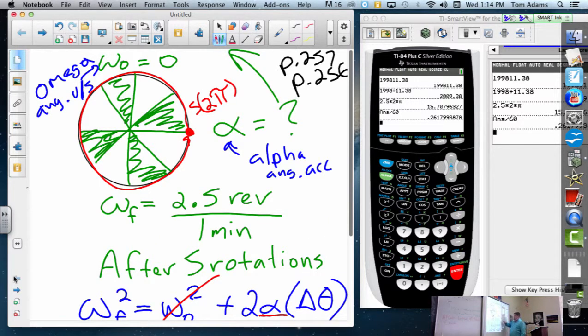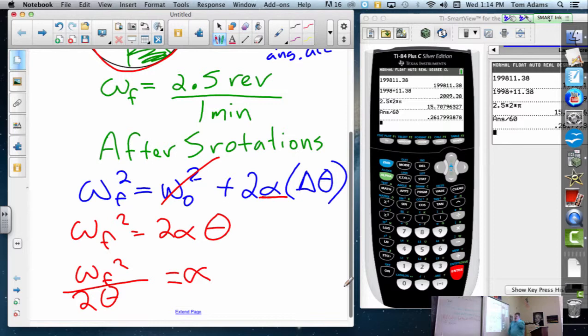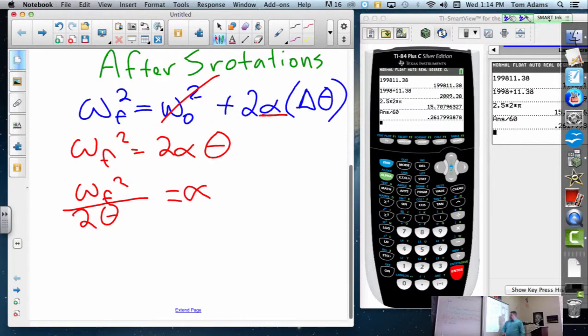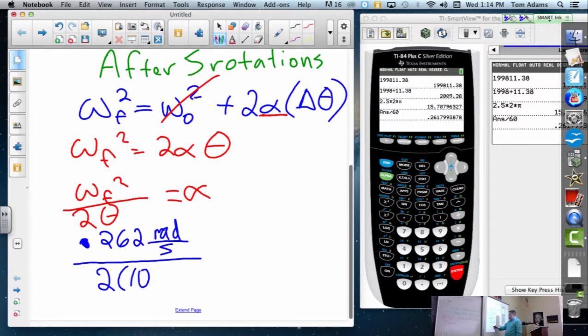No. We've got to plug that into this fancy formula we came up with. So basically, our angular acceleration is equal to 0.262 radians per second divided by 2 times 10 pi radians.